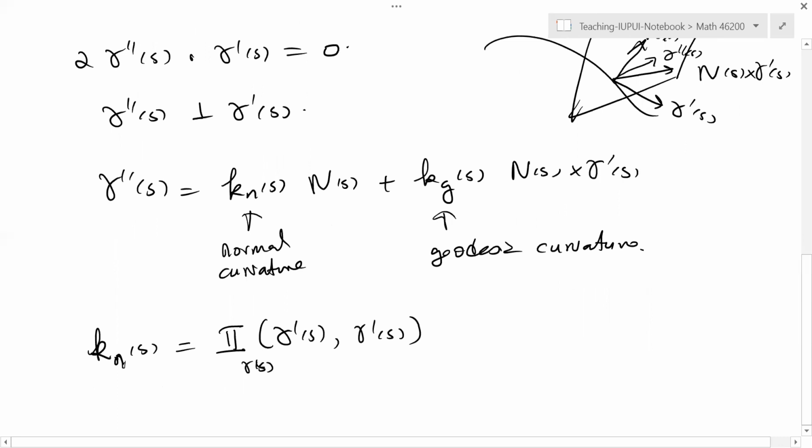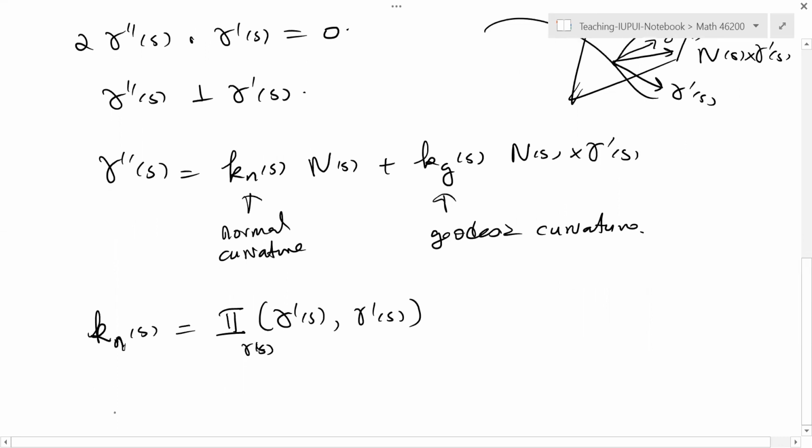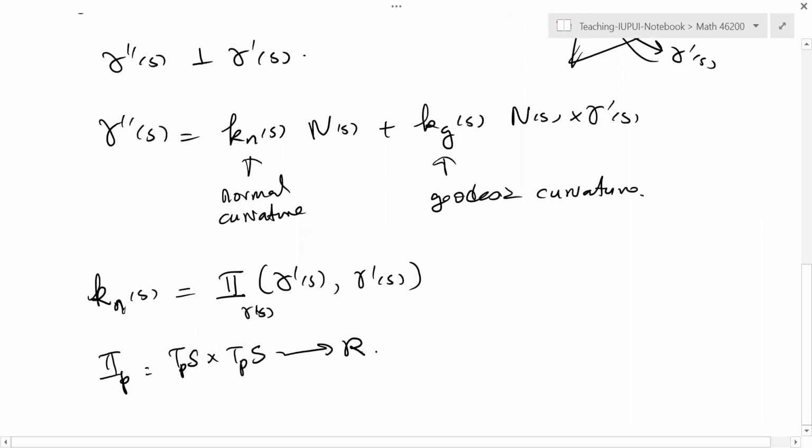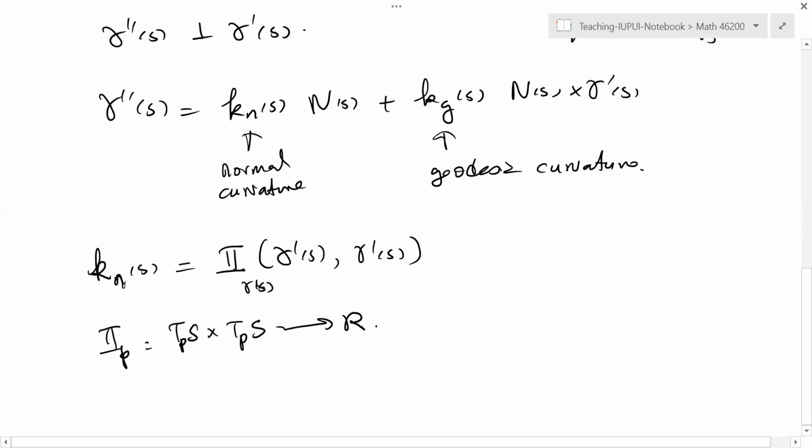The second fundamental form is a bilinear form, determined by the normal curvature. If you choose the opposite direction of the normal vector, then you get a negative sign. So it depends on the choice of the normal vector.